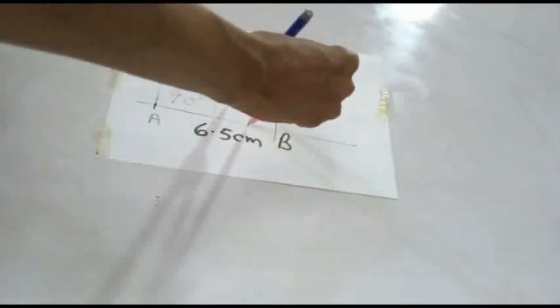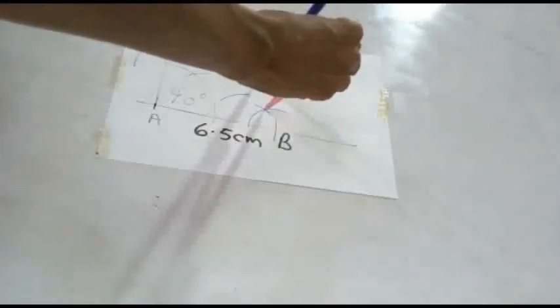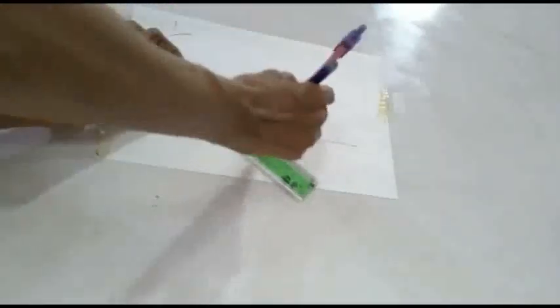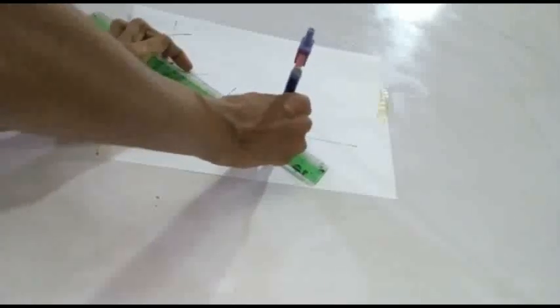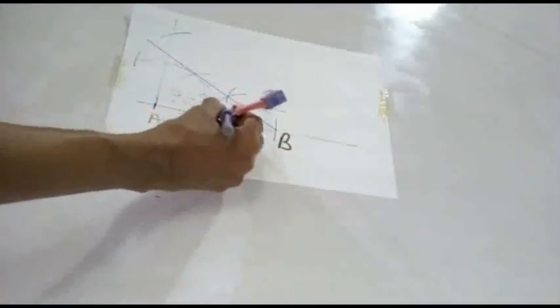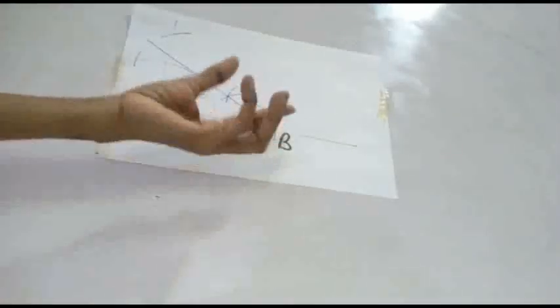Take this point as the center and draw an arc. Take this point as the center and intersect this arc with another arc. Now join this intersected point and B. Here is an angle of 30 degrees at B such that BA is an arm.